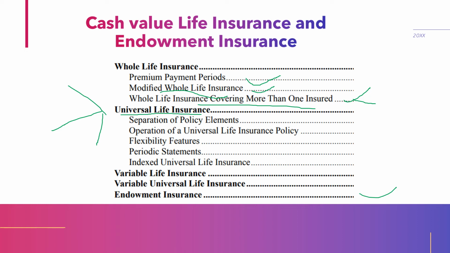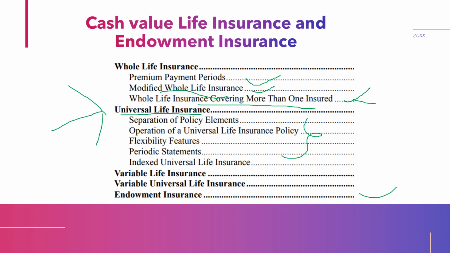The index universal life policy we are not covering right now in the video. If you want to read these things, you can contact us and we'll provide you the PDF. You can send us a mail or comment on the video, and we can provide you the PDF of LOMA 280.